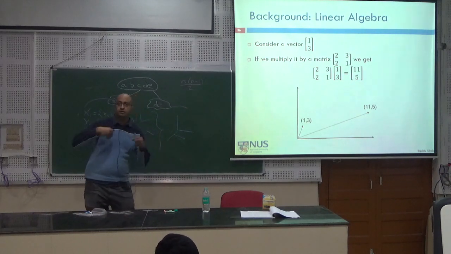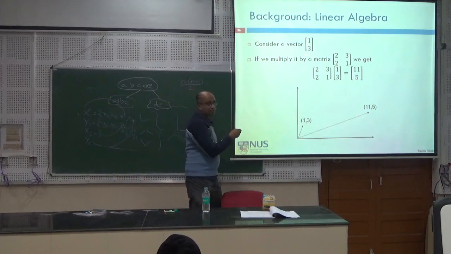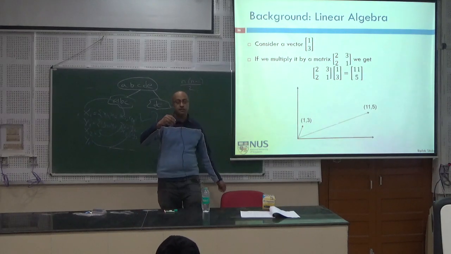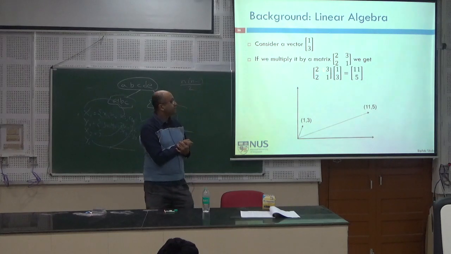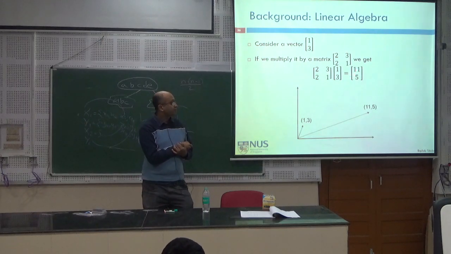So what has happened fundamentally? What is this 1, 3? It's a vector. If you think of this as x and this as y, 1, 3 is essentially a vector that goes from the origin to 1, 3. What I did is I multiplied this vector with a matrix like this, and as a result, I got 11, 5, which is essentially another vector.